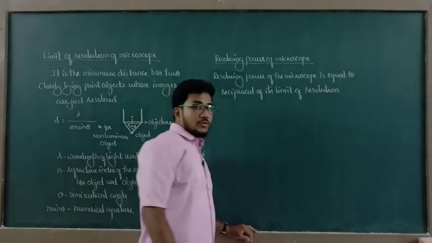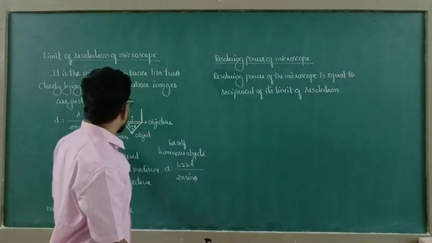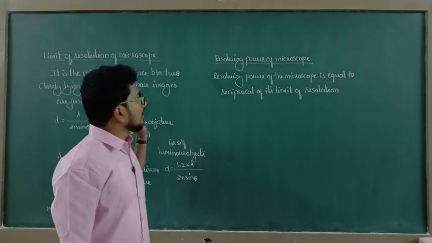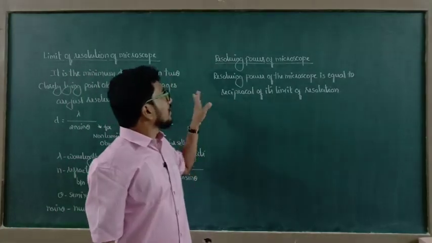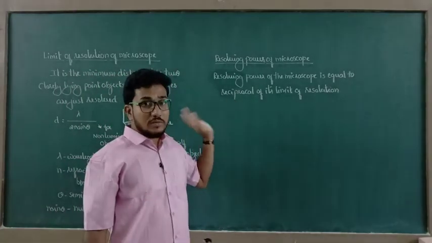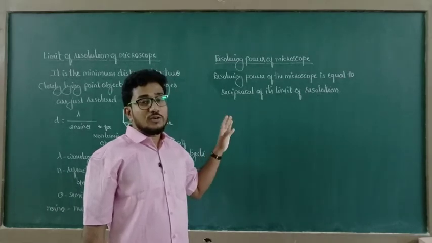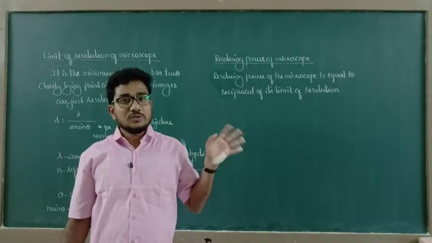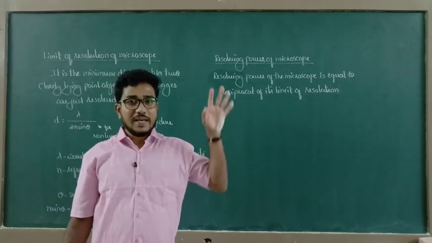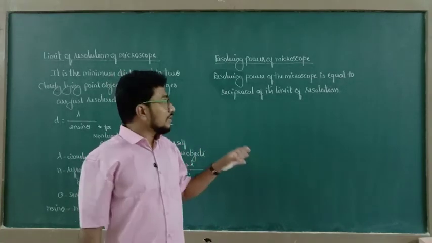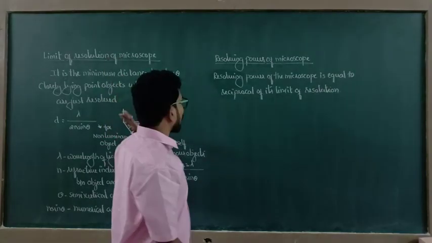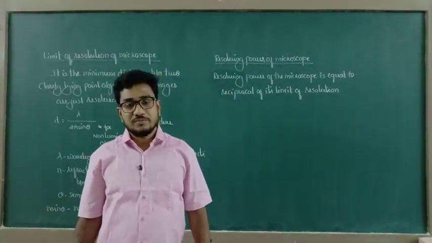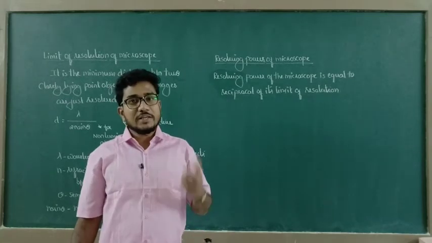Sometimes in your examination, they will give the limit of resolution and ask you to calculate the resolving power of the microscope by giving some more data. Then there is no need to do the calculation. Just by considering the reciprocal of that value, that gives the resolving power of microscope. And there are some tricky questions.